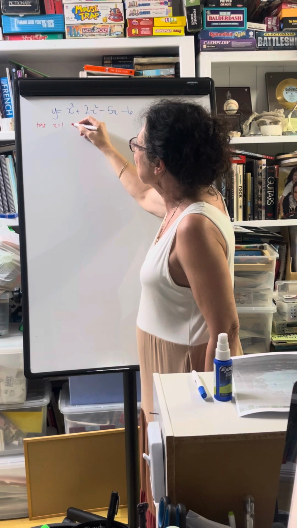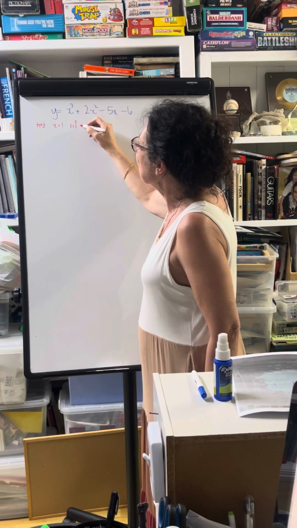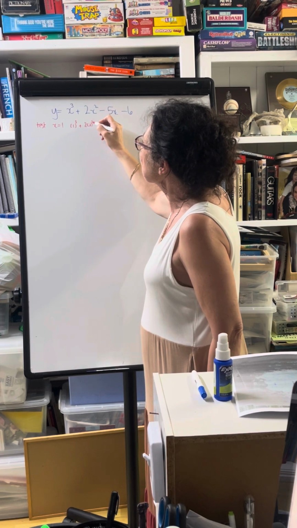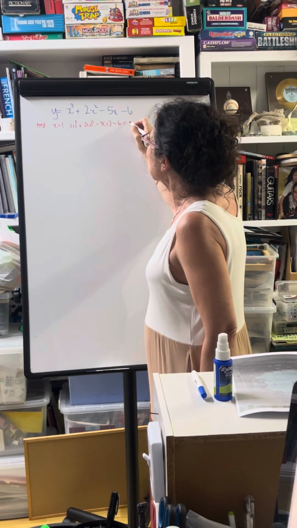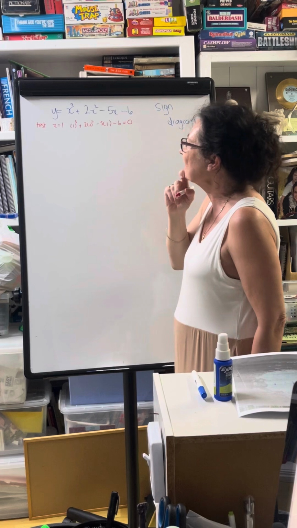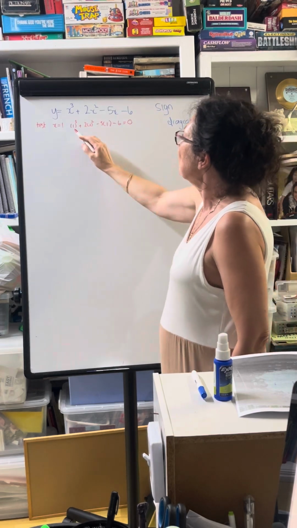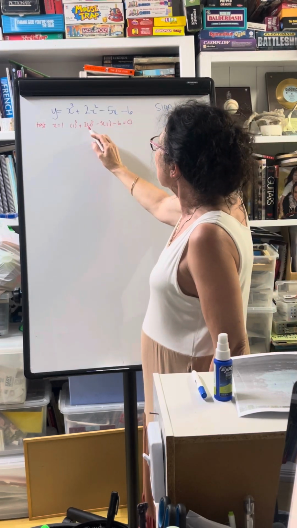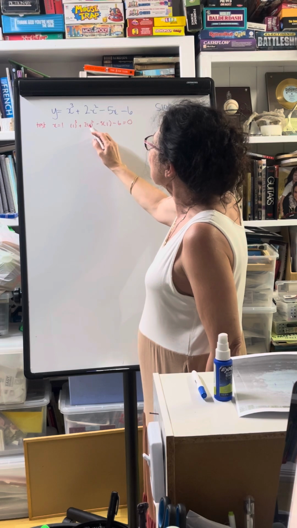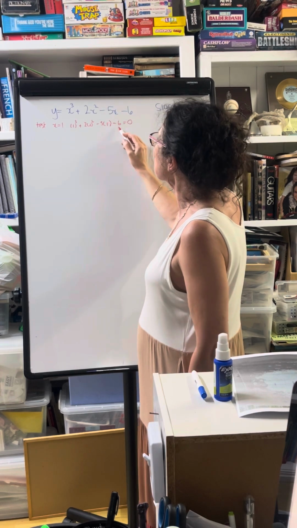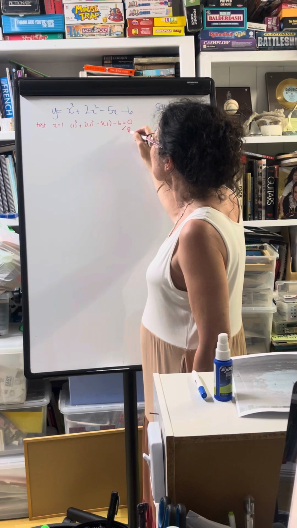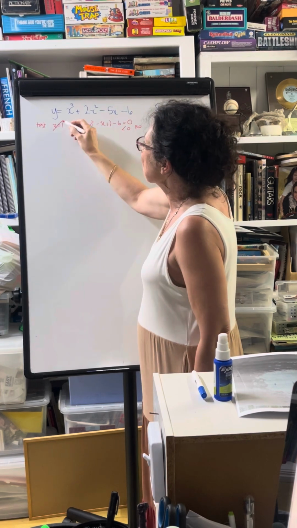You put that in there and you get 1 cubed plus 2 times 1 squared minus 5 times 1 minus 6. Does that equal 0? 1 plus 2 is 3. Minus 5 is minus 2. Minus 6 is minus 8. It's less than 0. So no, that's not a solution.